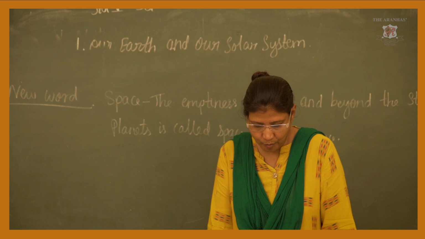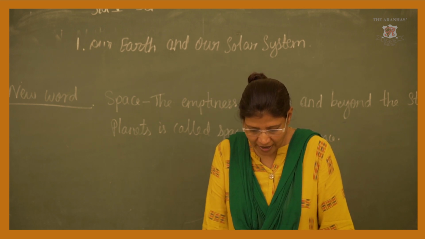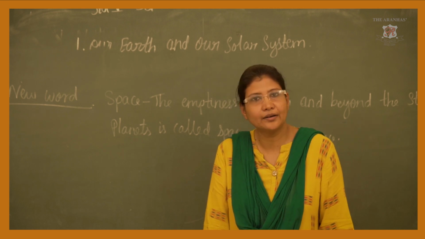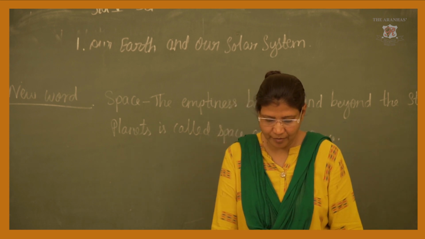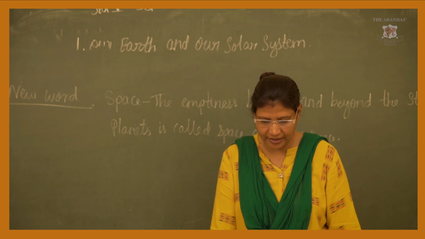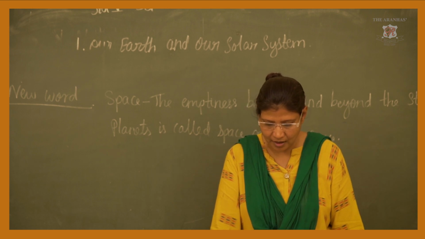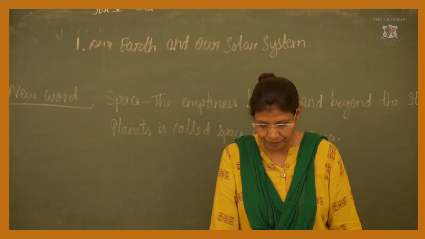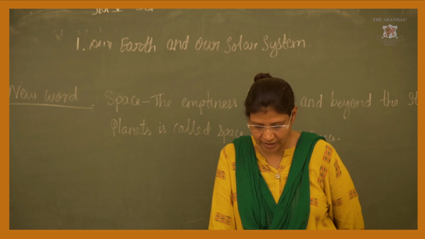Mangalyaan is another important Indian space mission. It is known as MOM or Mars Orbiter Mission. It was launched on 5th November 2013. It got established in an orbit around the planet Mars. On 24th September 2014, ISRO achieved this feat in its first attempt.